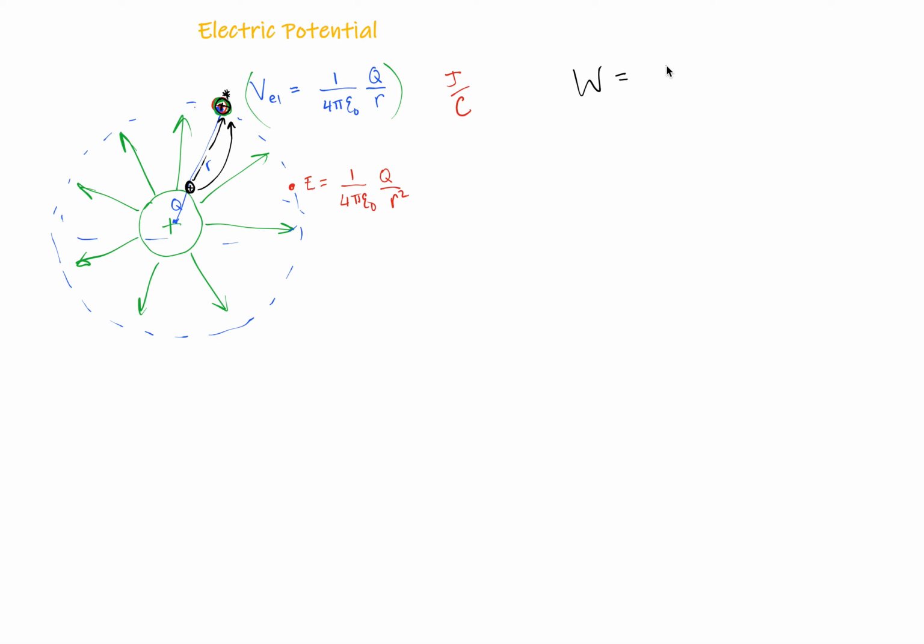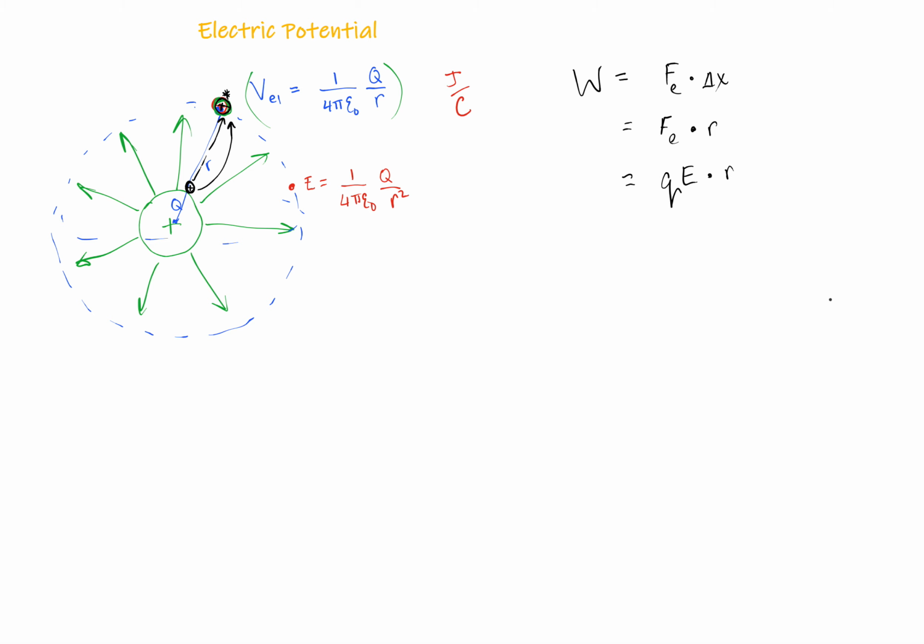So we've done this now several times. It's super important. We said that work is equal to the electrostatic force times the displacement. Now I'm going to change this to be r, because that's this distance that I described over here. And I really showed that the electrostatic force, which is the force that the field pushes with, is equal to the charge times the field strength.